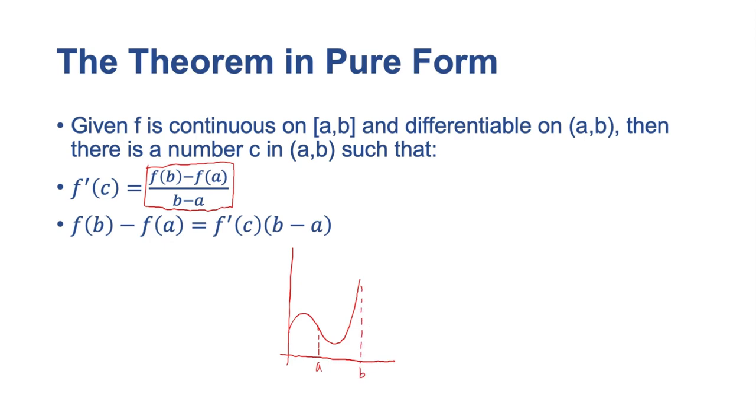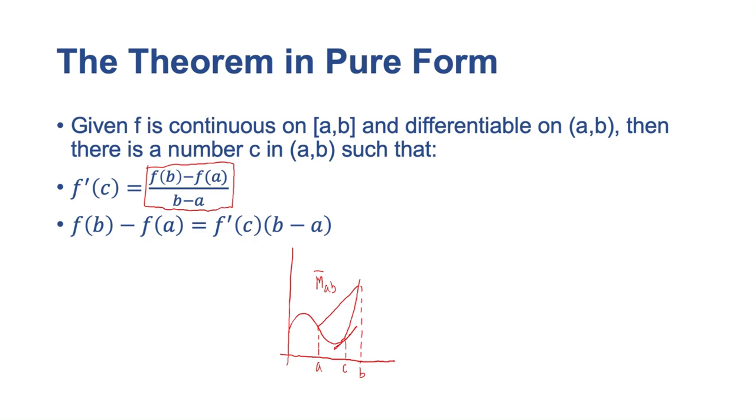What the mean value theorem says is that if I draw a secant line from a to b, if I draw my slope approximation, let's call that m average from a to b, there will exist a point c, probably in this case about here, where I'm going to have a tangent line.